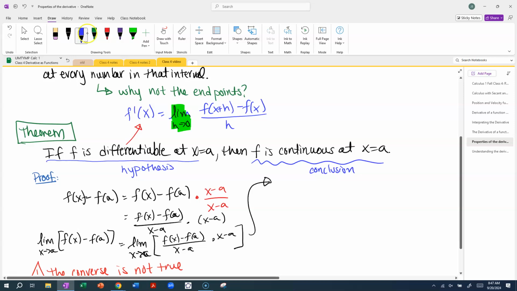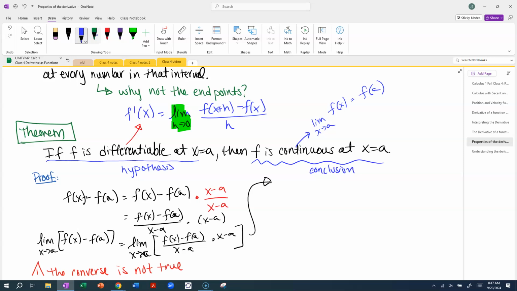For continuous, what that means is that the limit as x approaches a of f of x is equal to f of a, right? Oh, that's kind of smelling like the left-hand side, right? So we should be able to separate those because the limits exist independently, or do they? I don't know. Okay, more on that soon.